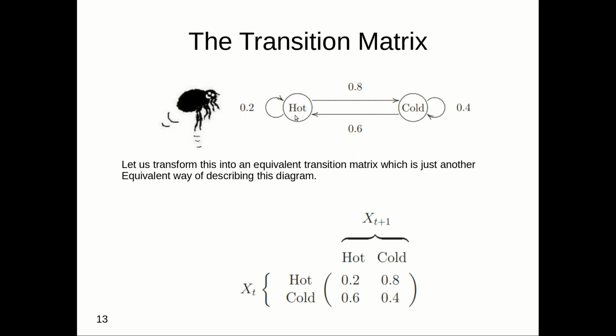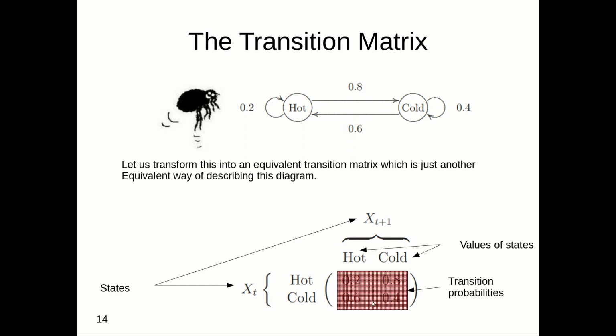So if you're in the hot state, the probability of remaining in the hot state is 0.2, whereas going to the cold state, the probability is 0.8. And if we're in the cold state, the probability of going to the hot state is 60%, and the probability of remaining in the cold state is 40%. So this is just an equivalent way of describing this Markov diagram.